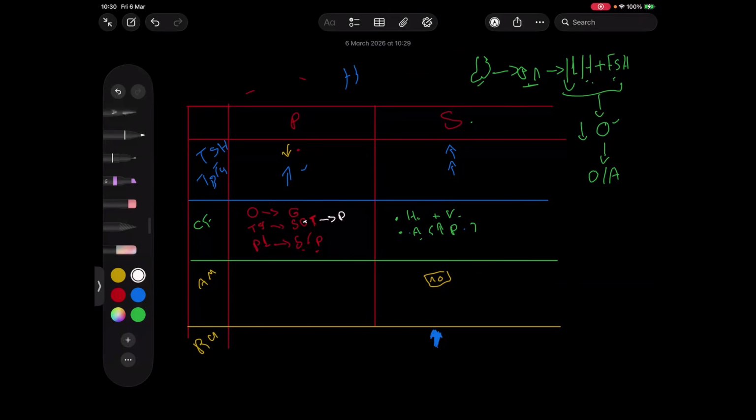How about Hashimoto's? What do you think? It's autoimmune. Is it painful or painless? Painless. Almost all are painless except the subacute one.